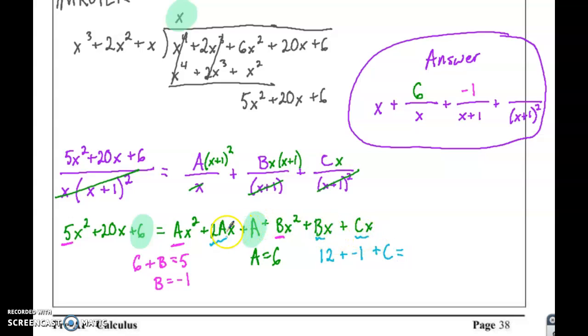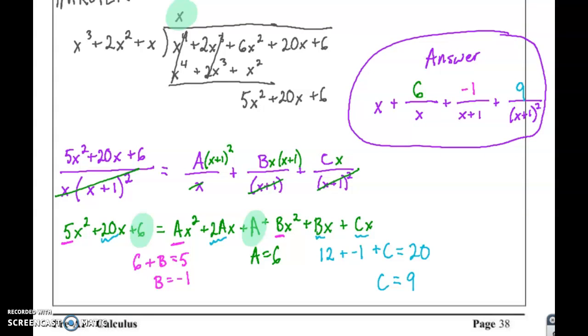See how all of those have an x attached to them? Have to equal 20, the x term over here. So that would be 11 plus c equals 20. C would have to be 9. So hopefully you are fairly good with the arithmetic to get us there. And we have the final answer.